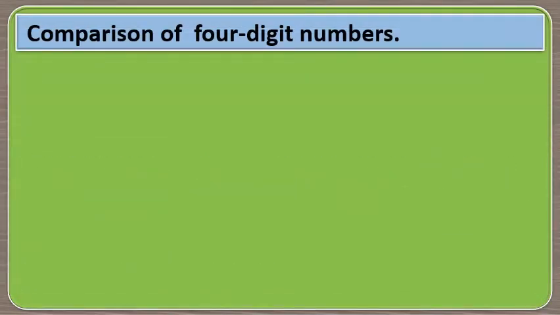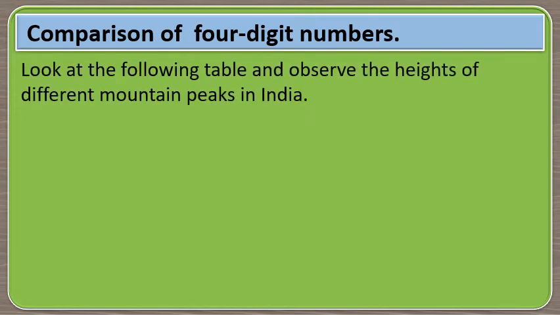Comparison of 4-digit numbers. In this video, we will learn how to compare 4-digit numbers. Look at the following table and observe the heights of different mountain peaks in India.